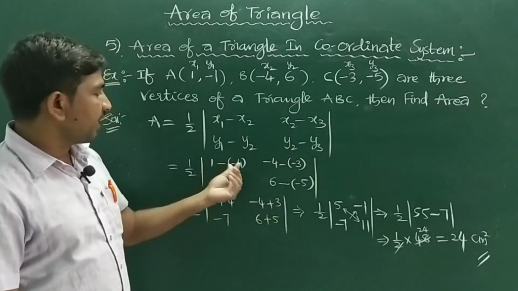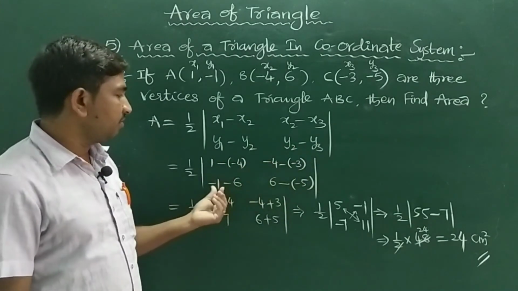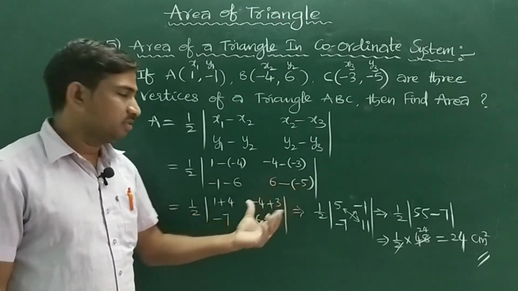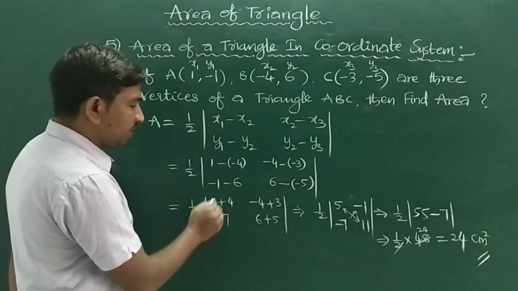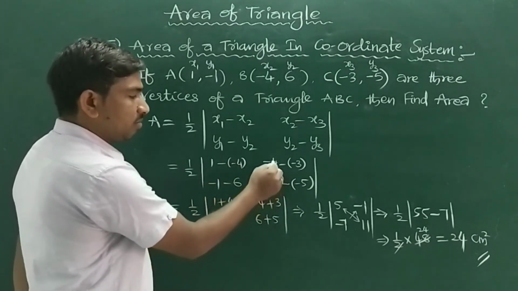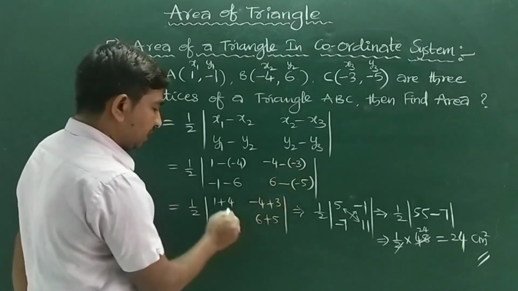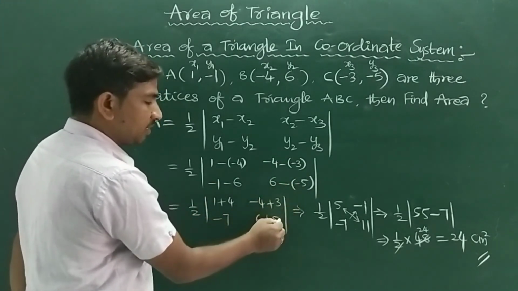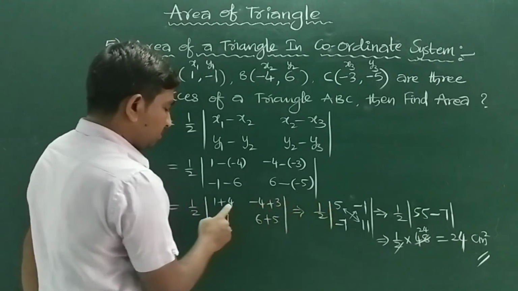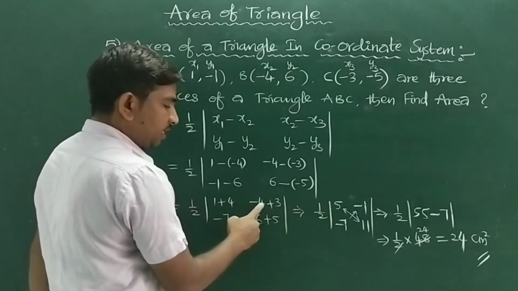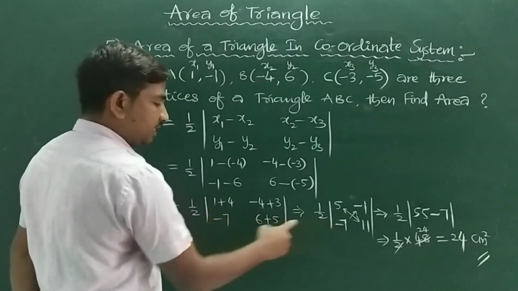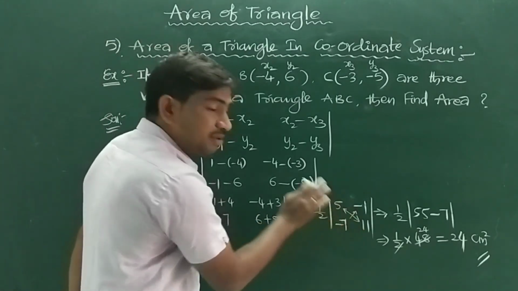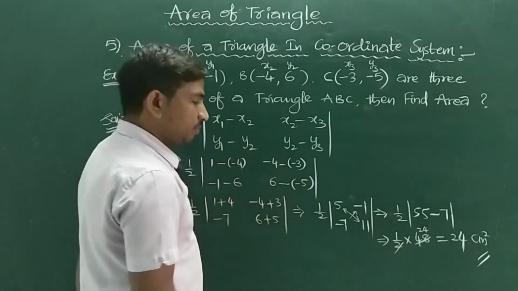So apply the x1, x2, x3, y1, y2, y3 values. Now by simplification, 1, minus into minus plus 4, minus 4, minus into minus plus 3, minus 1 minus 6 is minus 7, 6 of minus 5, minus into minus plus 5. So 1 plus 4 is 5, and minus 4 plus 3 is minus 1, minus 7 as it is, 6 plus 5 is 11.